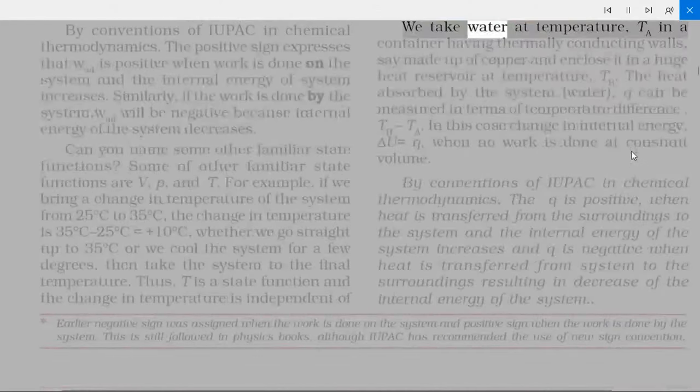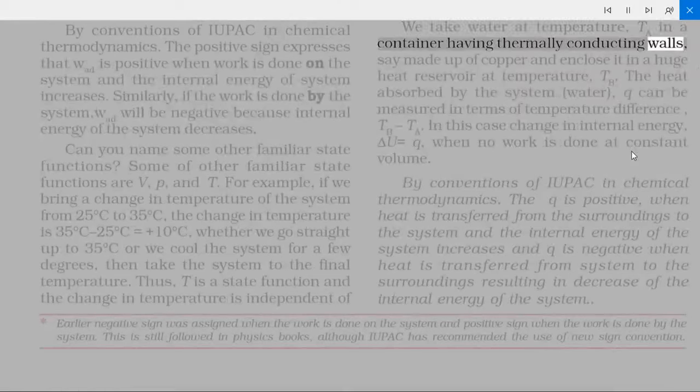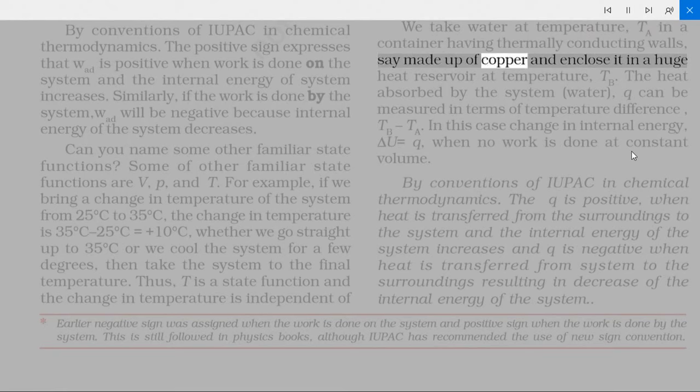We take water at temperature T_A in a container having thermally conducting walls, say made up of copper, and enclose it in a huge heat reservoir at temperature T_B. The heat absorbed by the system, water, q, can be measured in terms of temperature difference, T_B minus T_A. In this case, change in internal energy, ΔU, is equal to q, when no work is done at constant volume.